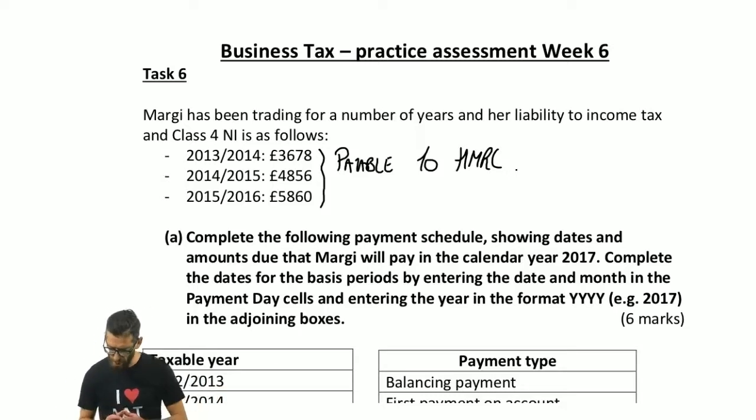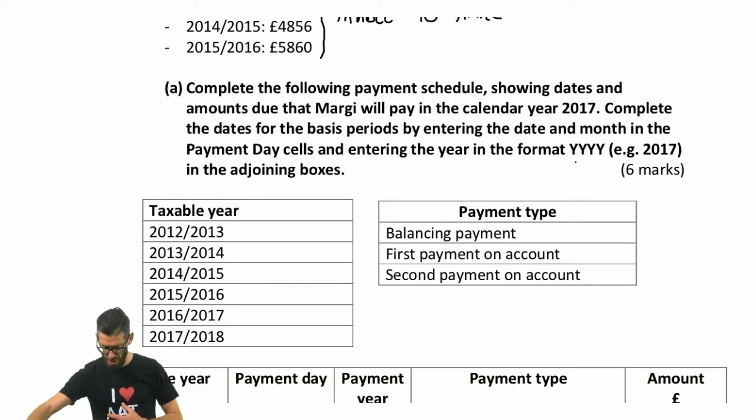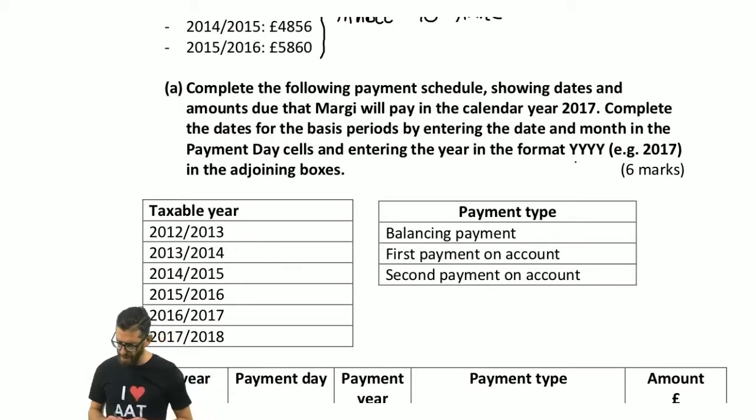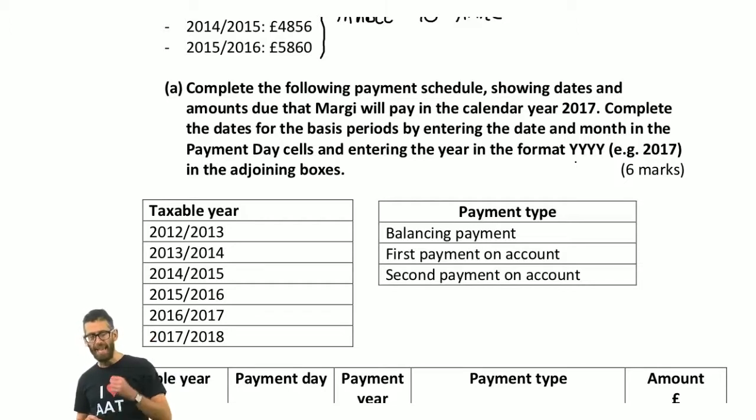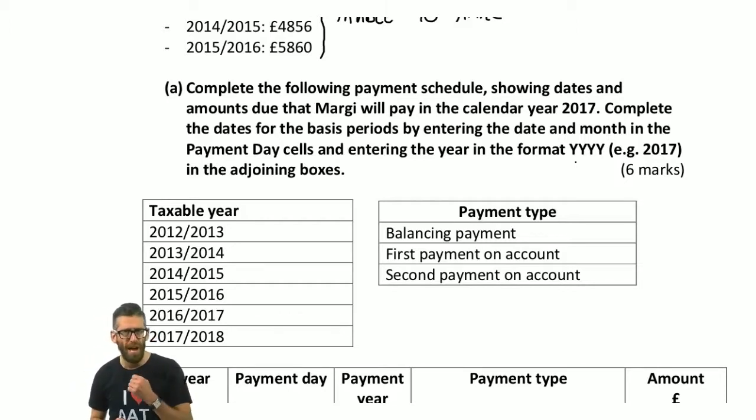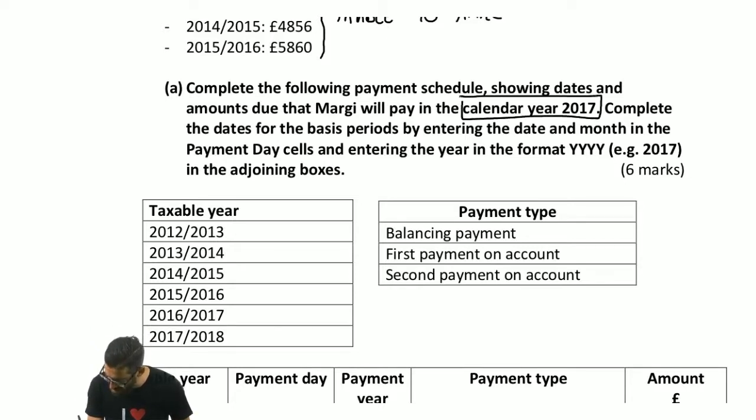Well, we'll come and look at the rules, because you guys are being asked to complete the following payment schedule showing the dates and the amounts due that Margie will pay in the calendar year 2017. So not the tax year, but the calendar year 2017.